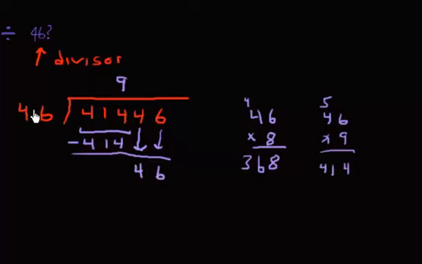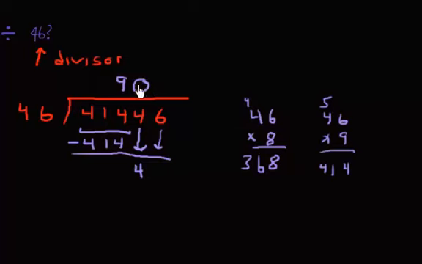So you say, okay, well, how many times does 46 go into 46? Hopefully you say 1. Well, where does that 1 go? Notice because 46 did not go into 4, we moved on to the next digit. That's fine, but because 46 goes into 4 0 times, we actually do put that 0 here.